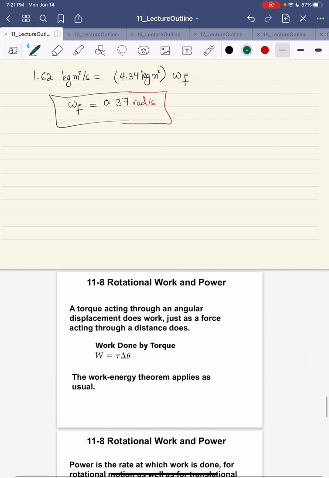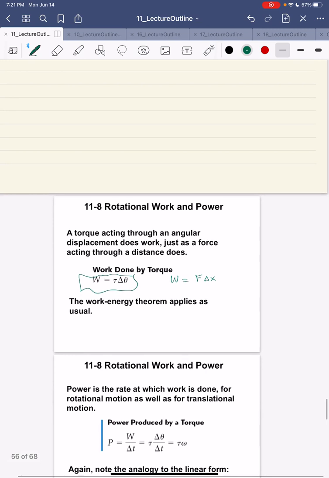We can apply the same physics to rotational work and power and have the analogies again between things. If you remember, work is force times delta x, or we called that d. And here the same thing, we will say the work is tau times delta theta.